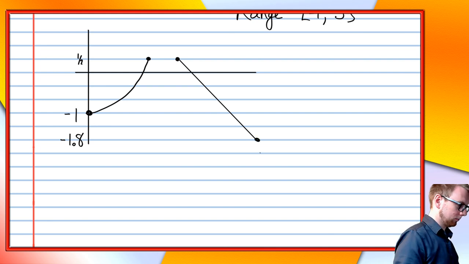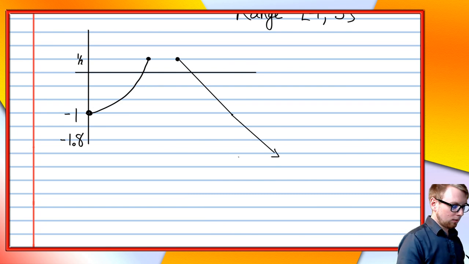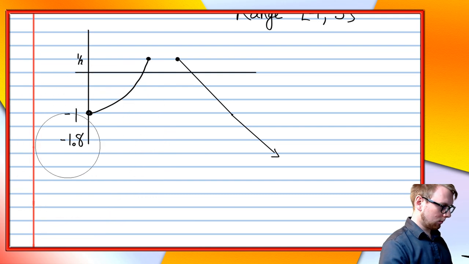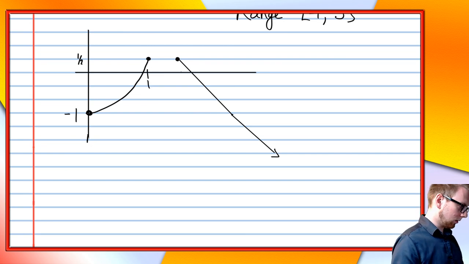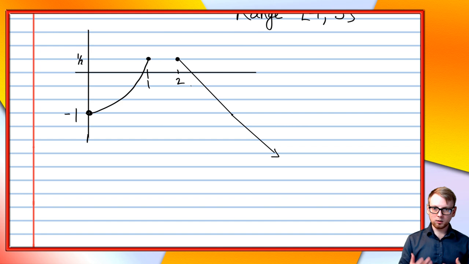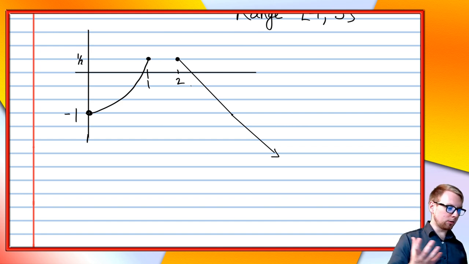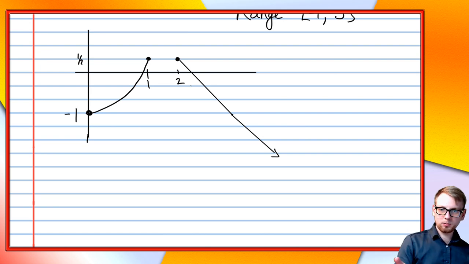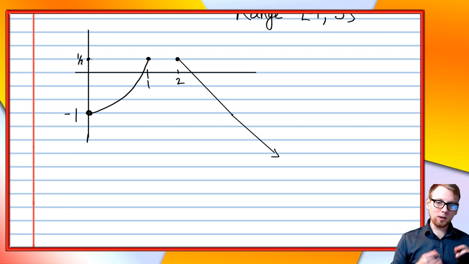No. Let's just extend it on forever. And this is from 1, and this is 2. Okay. This is our function. Doesn't look like much of anything. It's a made-up function. It's a piecewise function. Doesn't matter what it's drawn as. The concept still stays the same. What is the domain of this function?